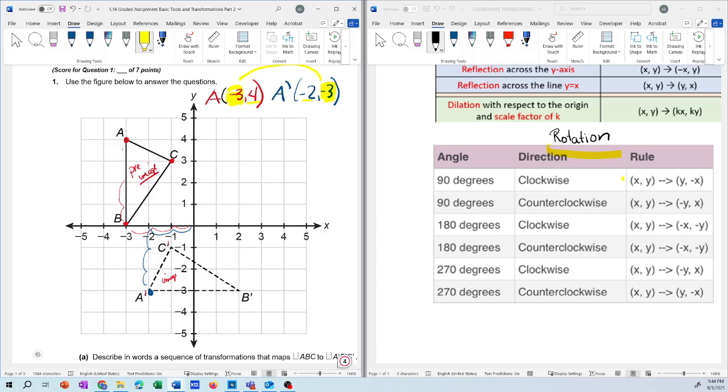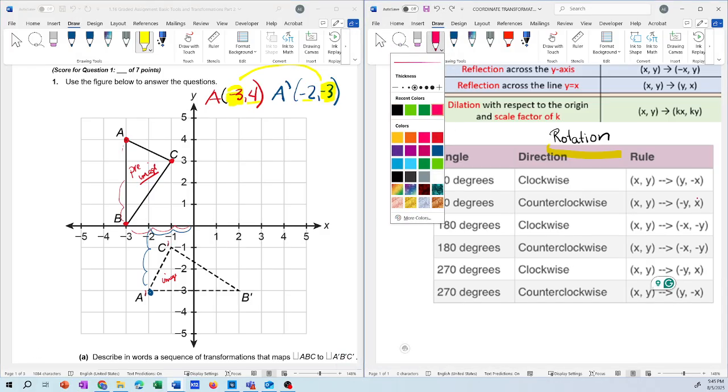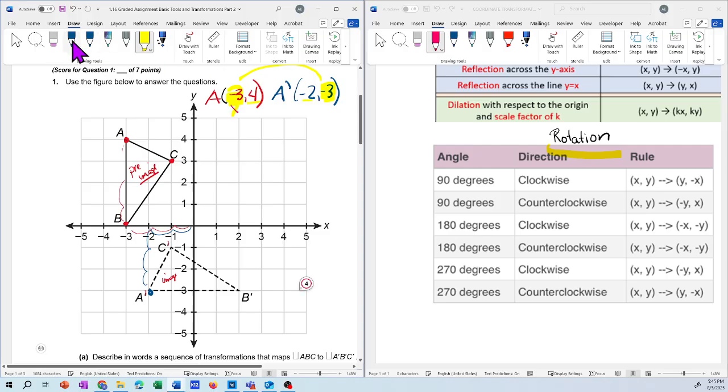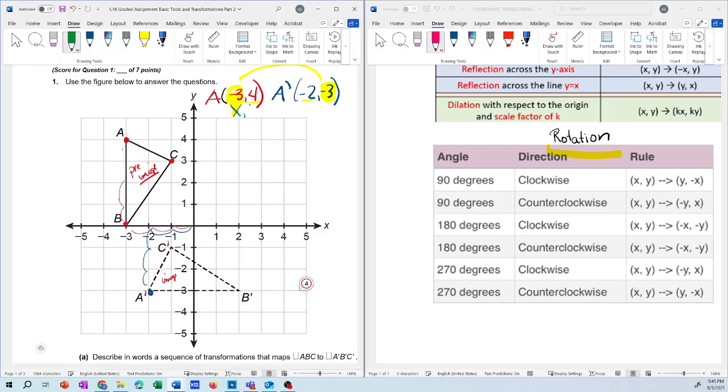So let's take a look at our first example. This is your x. Let me put it here in green. You have x, y, the original. And look, the -3, they put it here as x, and then you have the y. It looks like they switched the order of the values.